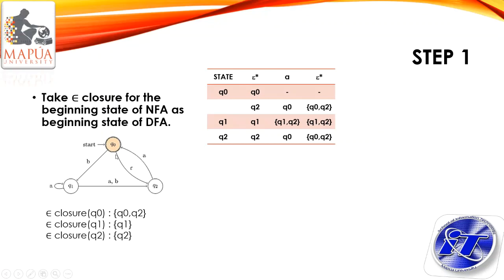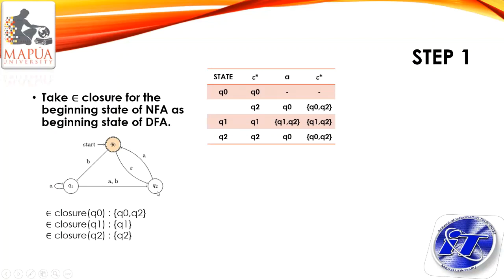Q0 has no path, but Q2 would go back to Q0. And we know that the closure of Q0 is Q0, Q2. So this is the final destination of Q0 at A. And Q1, if it's A, it could go to Q2 or loop within itself, so we have Q1, Q2.